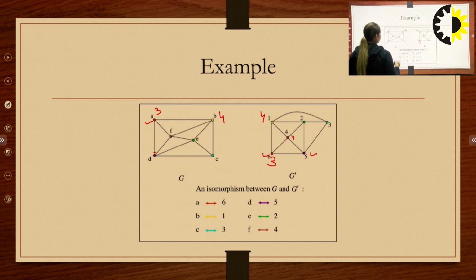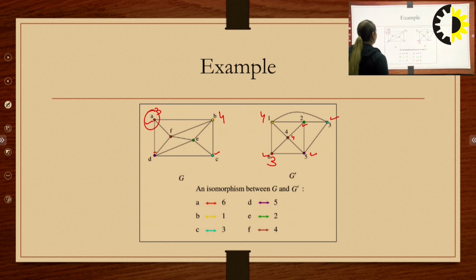This is also having the same degree. E is having 4, and this is the matching one. And C is having 3 degree, and this one is also having 3 degree, right? This mapping is done. Now let's check.